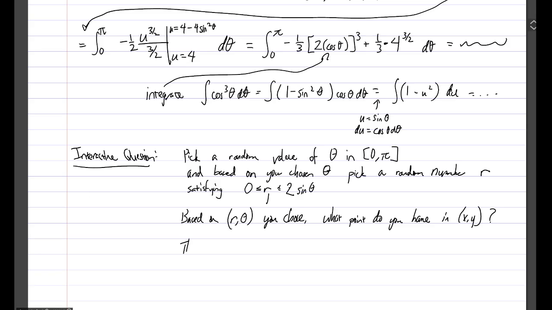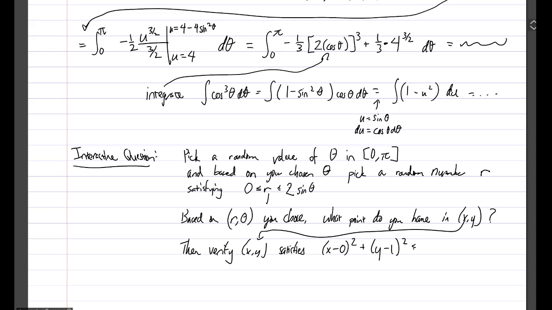Then verify that the xy point that you have satisfies x minus 0 quantity squared plus y minus 1 quantity squared is less than or equal to 1.